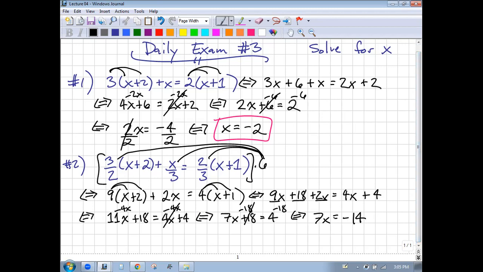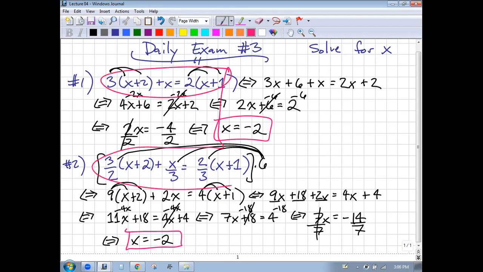Yeah, all right. So now I got to get rid of the 7. We'll divide both sides by 7. I'm left with x equals -2 again. Same answer. So this says exactly the same thing this does. They're logically equivalent, both saying x is -2.